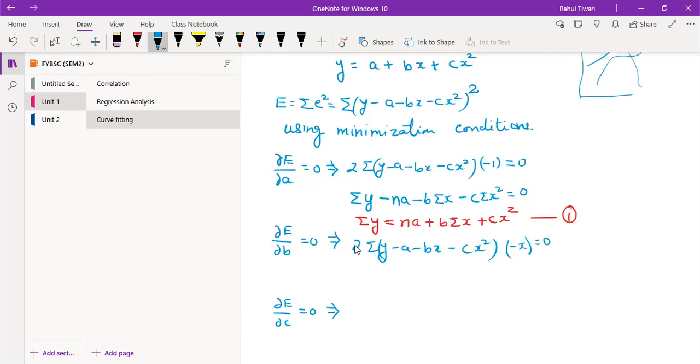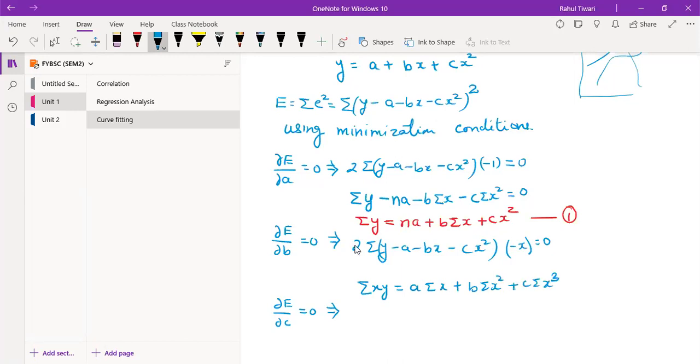Are you getting my point? So now here x is my variable, and the minus and this 2 go to the right hand side, but again becomes 0. So you just multiply x with each of the terms. So what will we get? Summation xy is equal to a times summation of x plus b times summation x square plus c times summation x raised to 3.